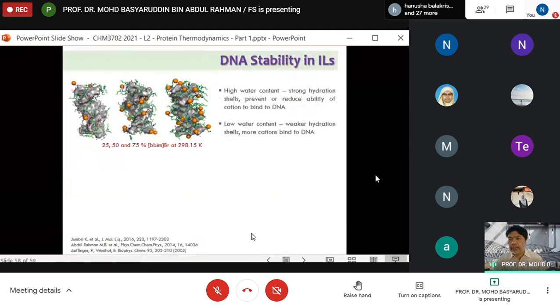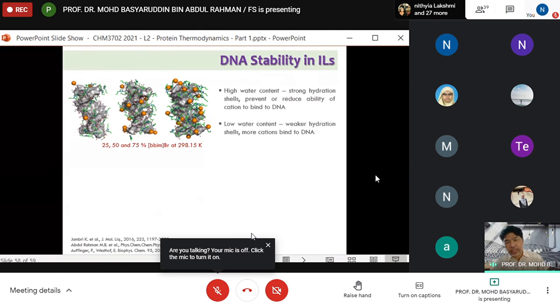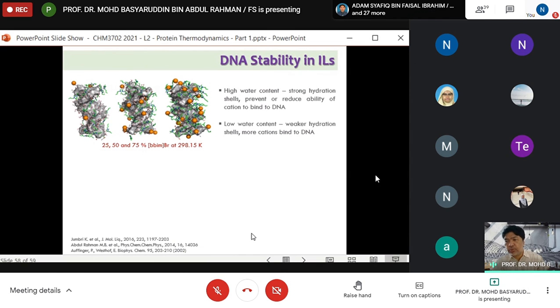Okay, but the application of it, yeah, we targeted first for the enzymatic reaction, but we found that it may not be able to do so for the reaction.